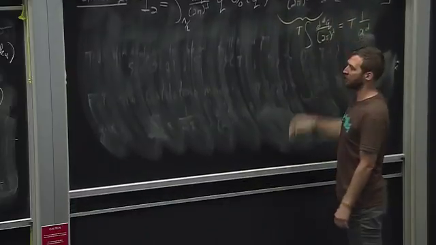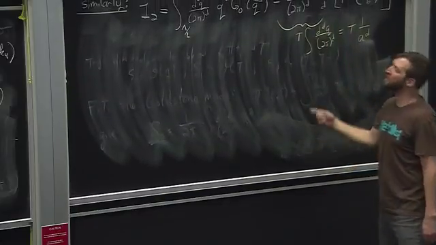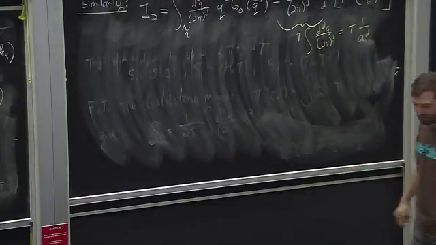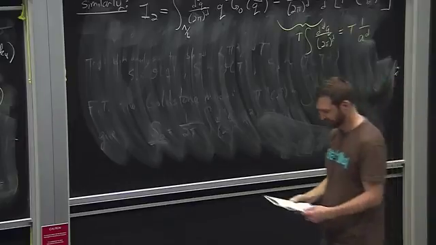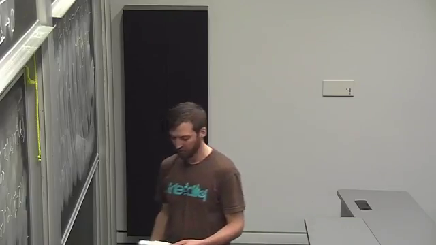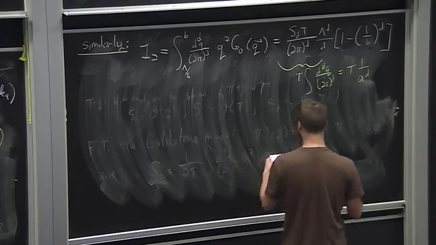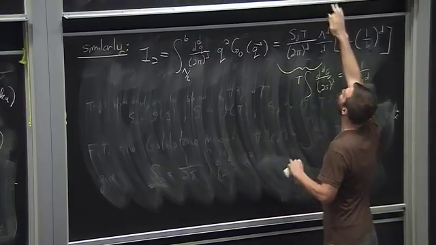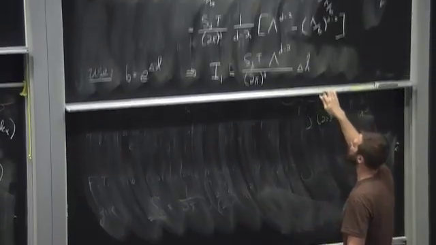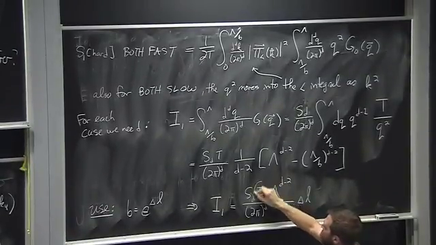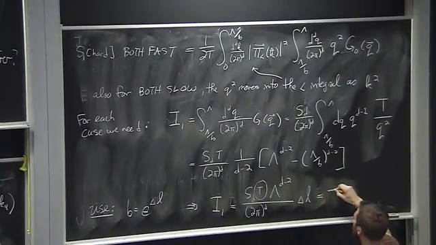So that's kind of lucky. The only piece we have to worry about is that I1. So let me write that down. Let me write I1. There's a t in here. This t is the thing we want to keep track of.